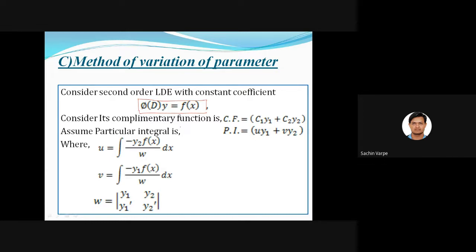We want to find the particular integral, right? So here, as the name is method of variation of parameter, we are going to vary the parameter involved in the complementary function to find its particular integral. That means we are making the use of complementary function only to find the particular integral.